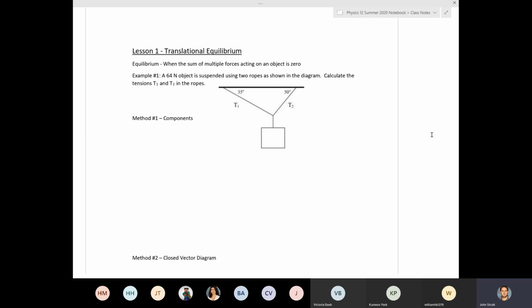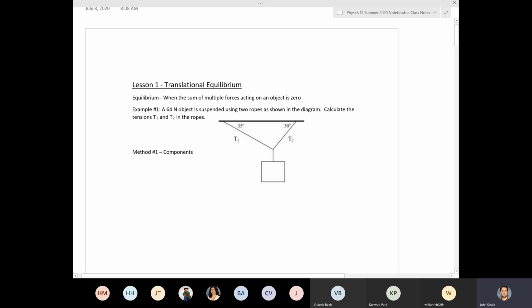Okay, so this unit is dealing with forces. Just as a review, do you all remember what a free body diagram is? Let's say a book was on a table. If a book is on a table, we have FG going down and normal force going up.